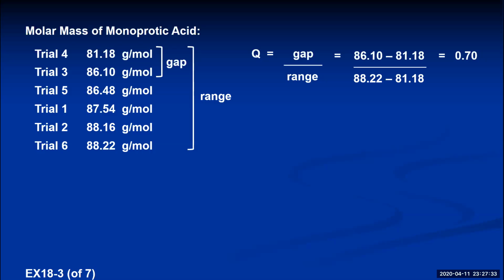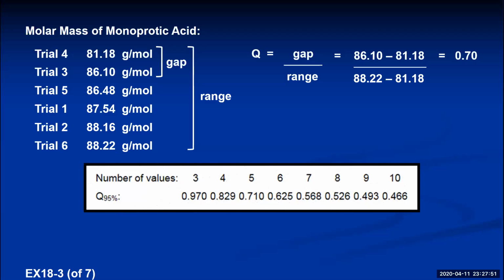So statisticians have figured out what Q would have to be in order to assume statistically that that 81.18 grams per mole probably should not be included in our average calculation for our molar mass, because probably a gross error occurred. And in your lab, you have a table of what are called Q95 values. And the Q95 depends upon how many different experiments you did, how many trials you did.